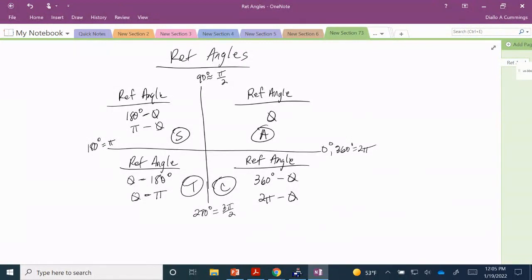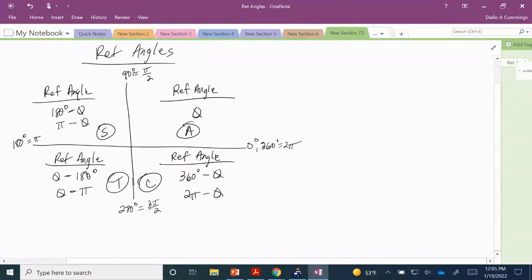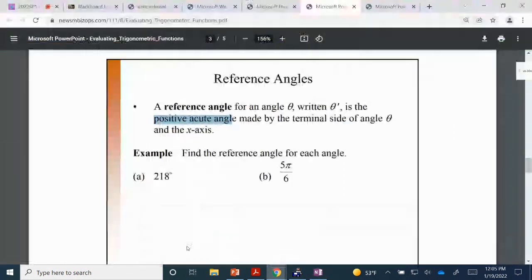All right, so let's use this reference angle chart to find the following. Find each reference angle. Our first reference angle was, let me go back for a second, 218 degrees and 5 pi over 6.